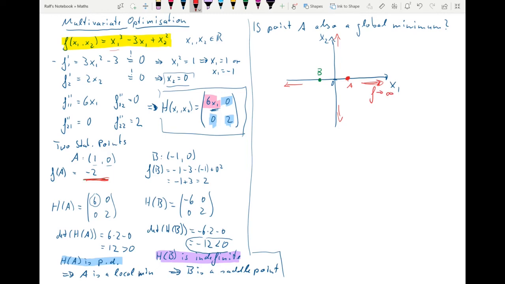What about if we go this direction? So we're keeping x2 at 0, and we are decreasing x1 to -infinity. So we're getting a very large negative value, cubed. That will still be very large, negative, because cubed, minus 3 times something negative.